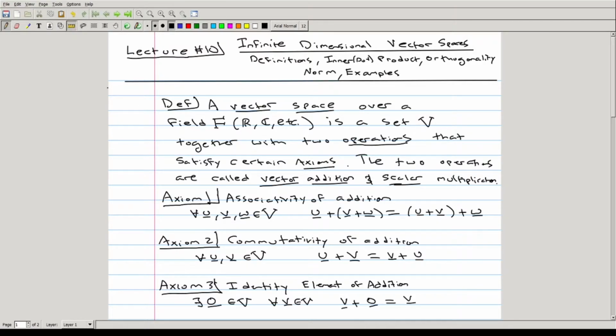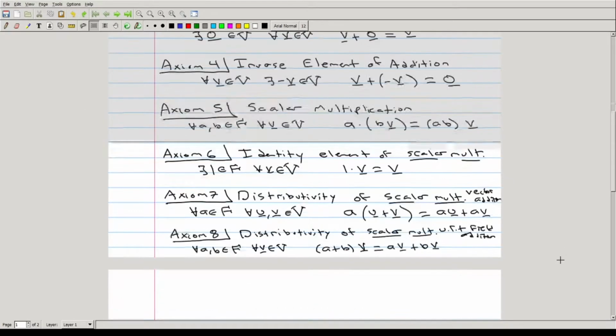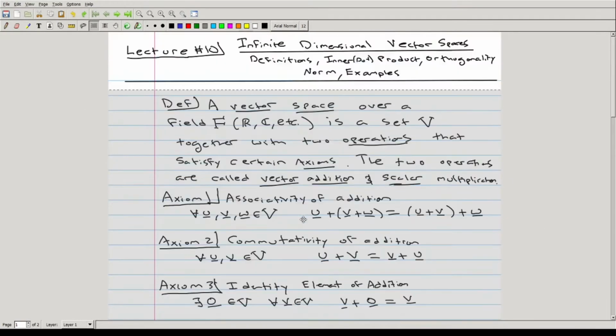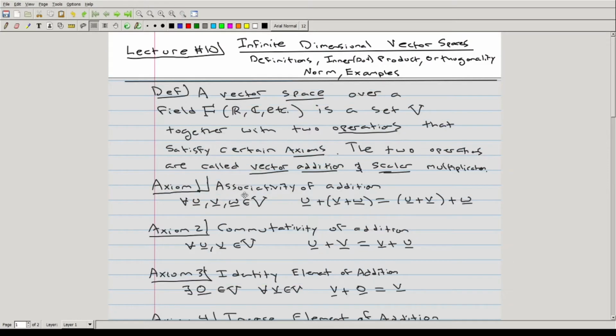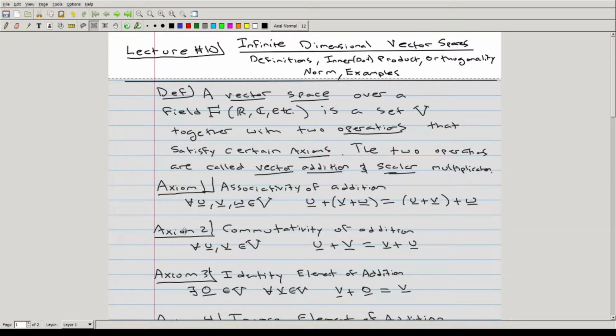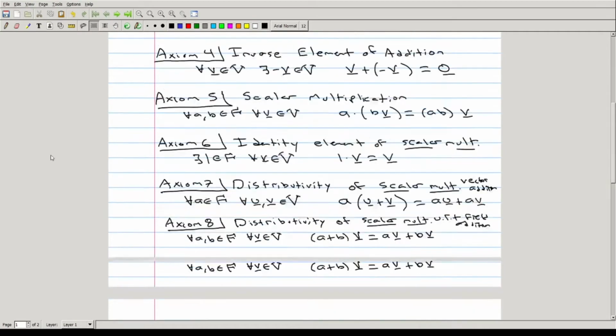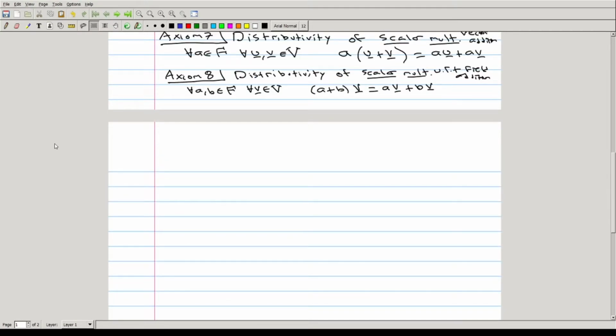And we've already seen a number of different examples of vector spaces, and been working with vector spaces for a while now in terms of n-dimensional space, Rn. Or in vector calculus, we really focus on 3-dimensional space, so R3.